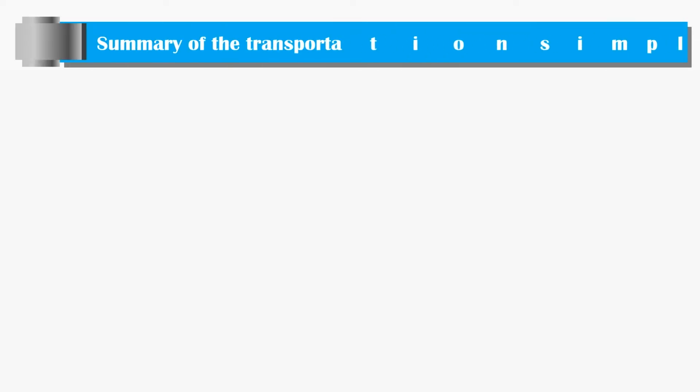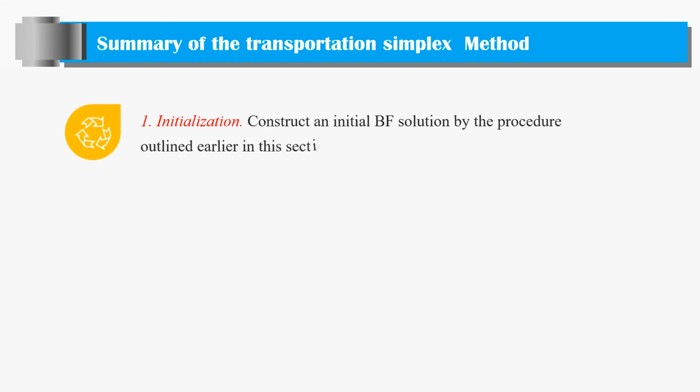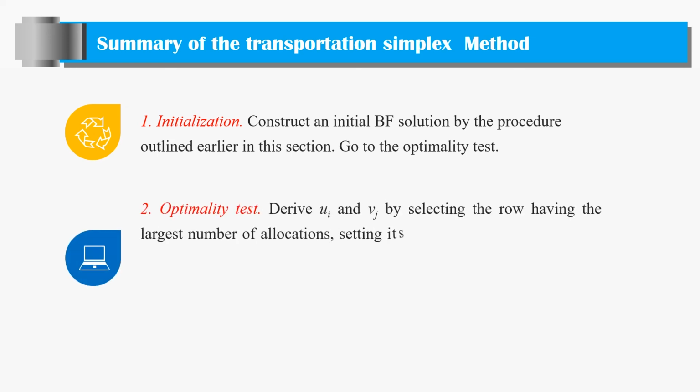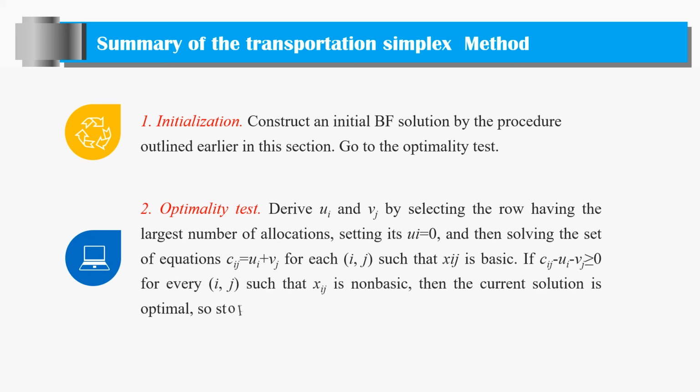Now I will summarize the transportation simplex method. First, we need to get an initial BF solution. Second, derive Ui and Vj by selecting the row having the largest number of allocations, setting its Ui equal to 0, and then solving the set of equations for each ij such that xij is basic.